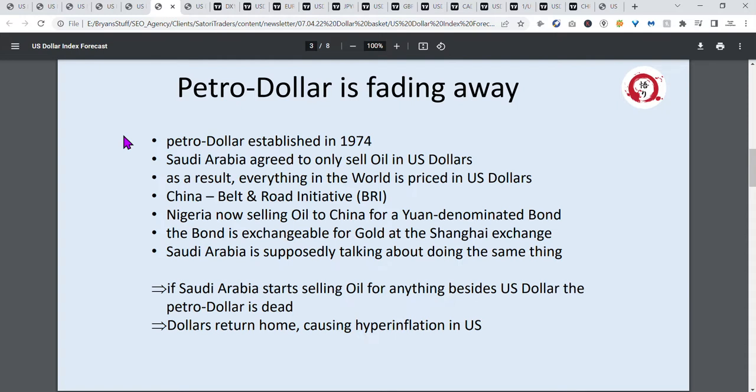And since that point, everything in the world basically has been priced in US dollars. Every country on the planet, if they buy oil, which most of them do, they have to first buy US dollars. Somehow they got to put their hands on US dollars so that they can turn around and buy oil, because oil's priced in the dollar.